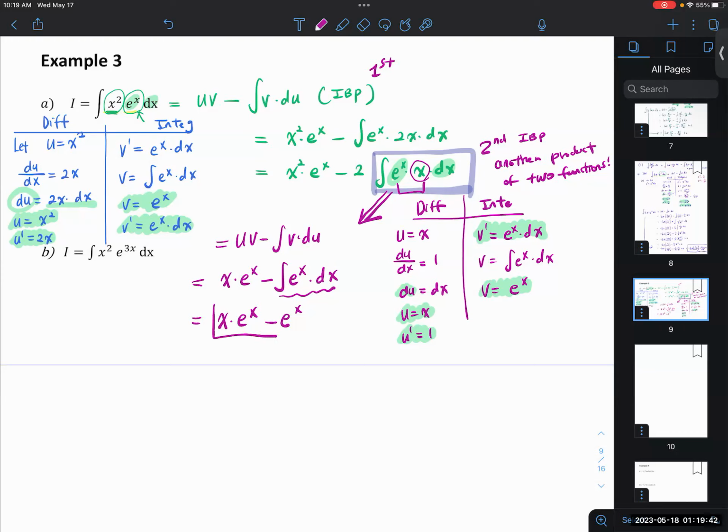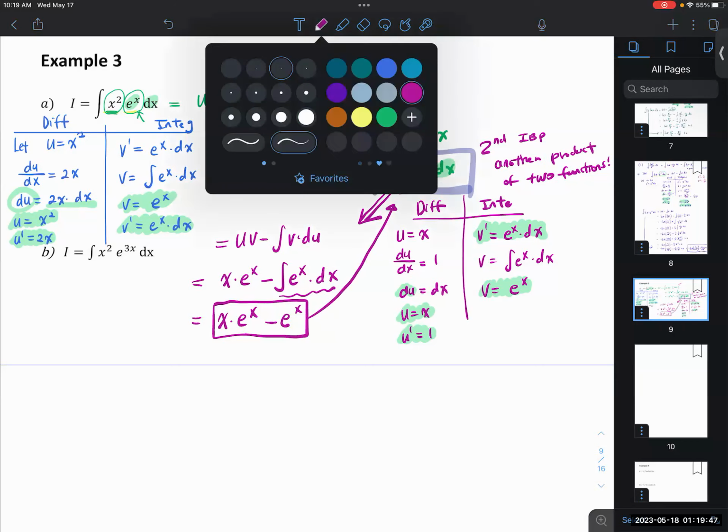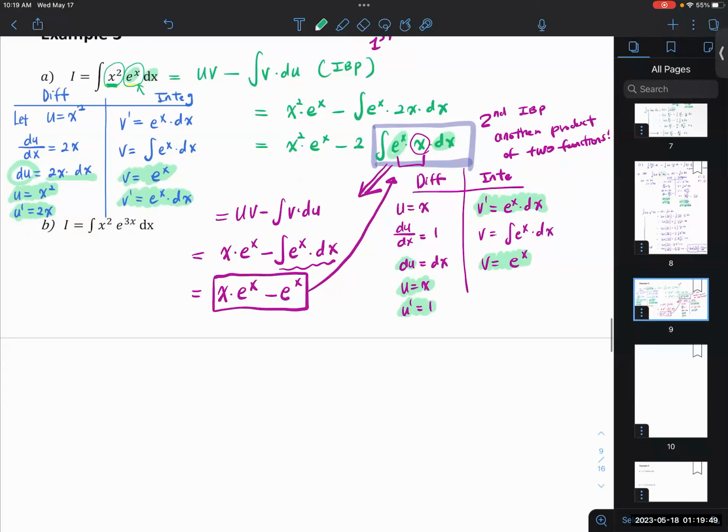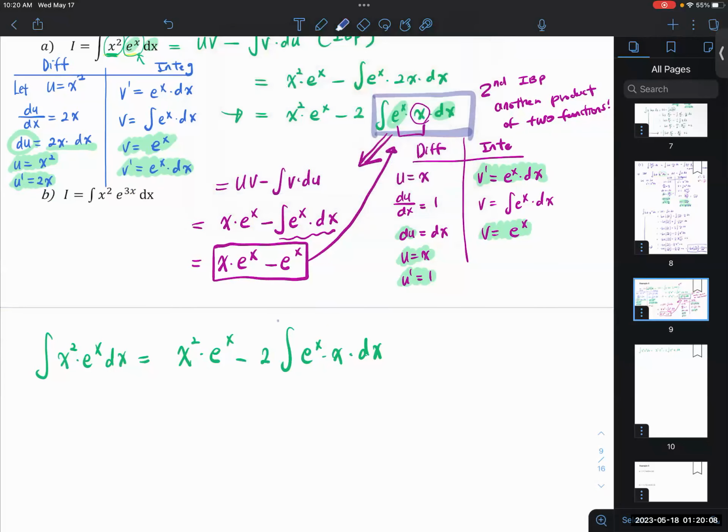I'm gonna plug this one into here. So let me go back to the green. We had the original question, integral x squared e to the x dx, and we stopped at x squared e to the x minus 2 integral e to the x times x dx. What we just found out is here.